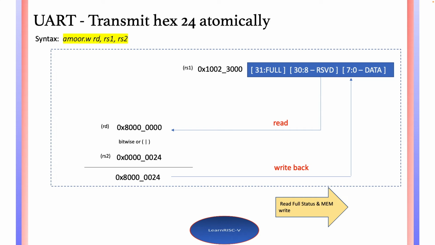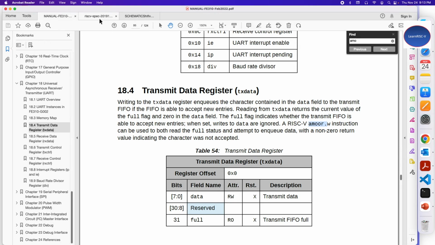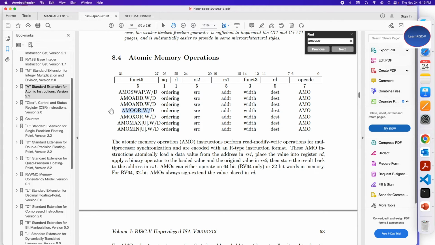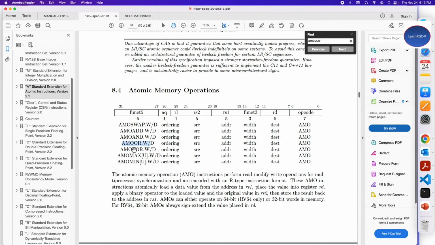Okay, hope that helps. If you see the RISC-V unprivileged spec, this is the A extension, which stands for atomic. As I mentioned, AMO is the atomic memory operations. Similar to bitwise OR, you have AND, exclusive OR, and also arithmetic and swap.